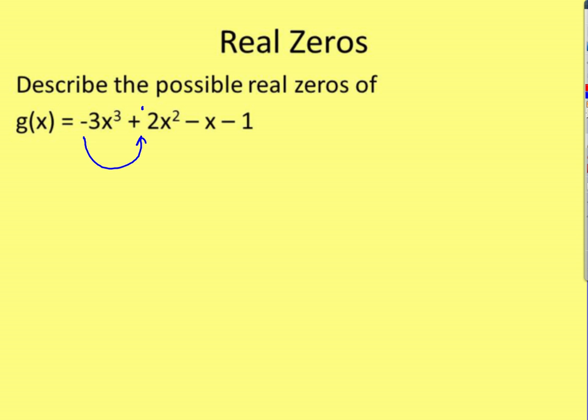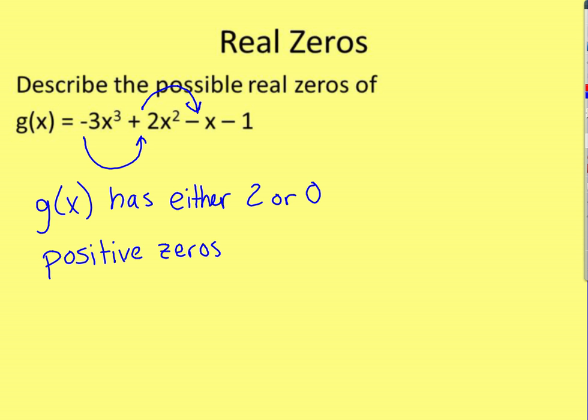Then I go from a +2 to a -1, and then a negative to a negative, so that does not change. So the number of variations we have is 2. So we know we have 2 or an even number less than that, so 2 minus 2 gives us 0. So we know g of x has either 2 or 0 positive zeros.